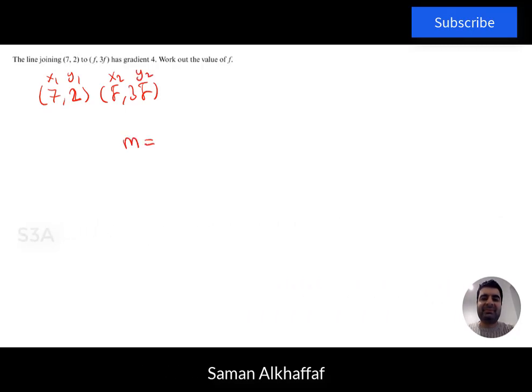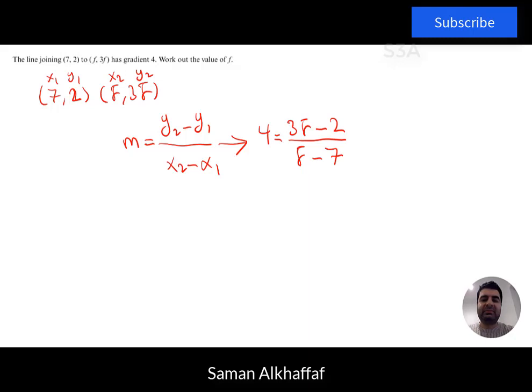So the gradient will be y2 minus y1 over x2 minus x1, and the gradient in this scenario given is 4 equal y2 is 3f minus y1 is 2, and we have x2 minus x1 being f taken away from 7 in this scenario. So we'll try to simplify this expression further.